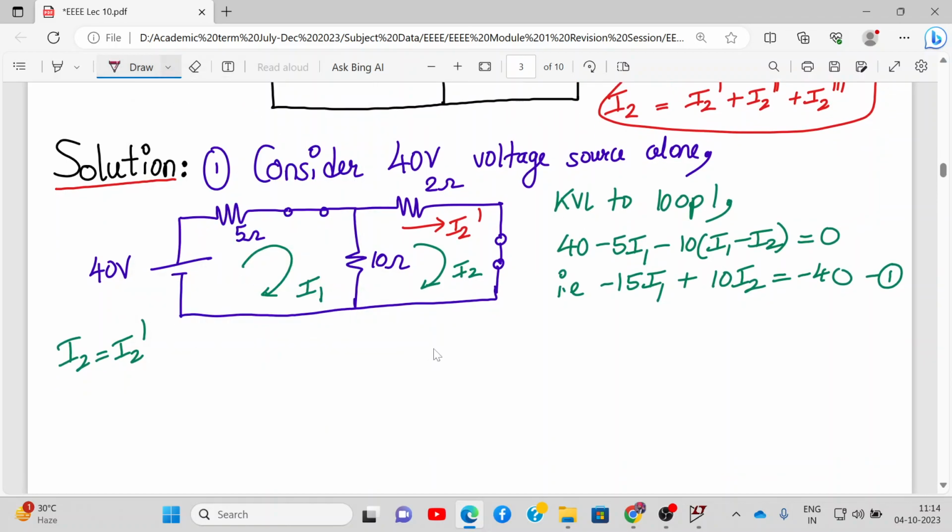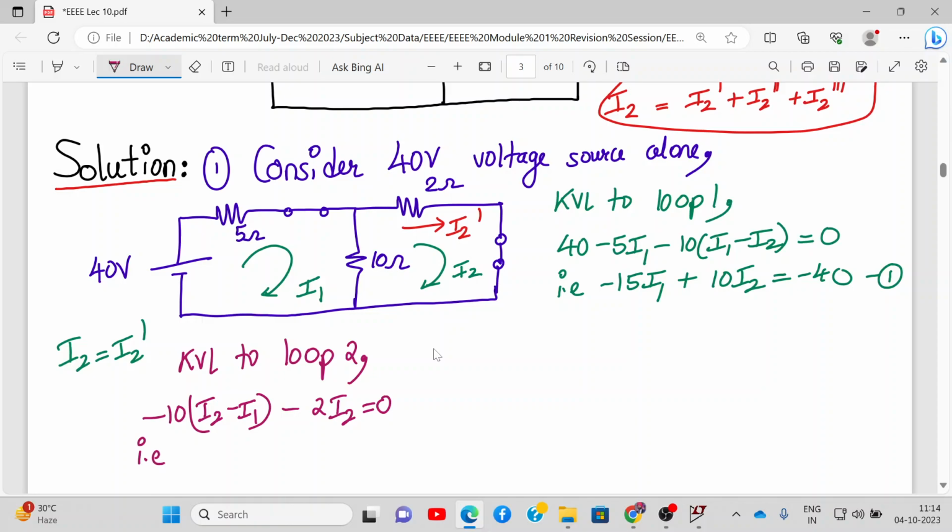Next we apply KVL to loop number 2. What do we get? Minus 10 times (I2 minus I1) minus 2 I2 is equal to 0. So this will actually be 10 I1 minus 12 I2 is equal to 0. We call this equation number 2.